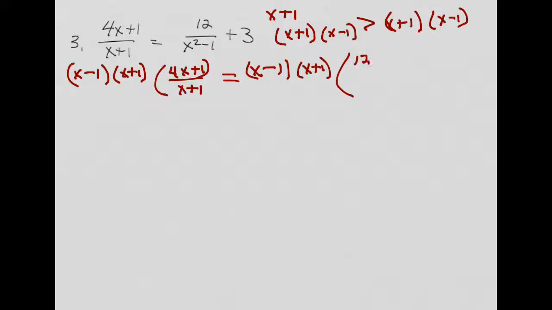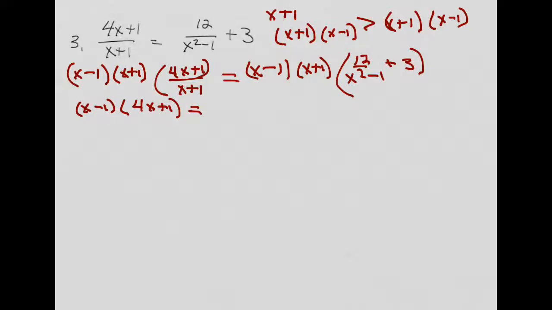That's going to be 12 all over x squared minus 1, which of course is x plus 1, x minus 1, plus 3. So multiplying x minus 1, x plus 1 into this first term, the x plus 1 will cancel with this x plus 1, giving me x minus 1 times 4x plus 1.